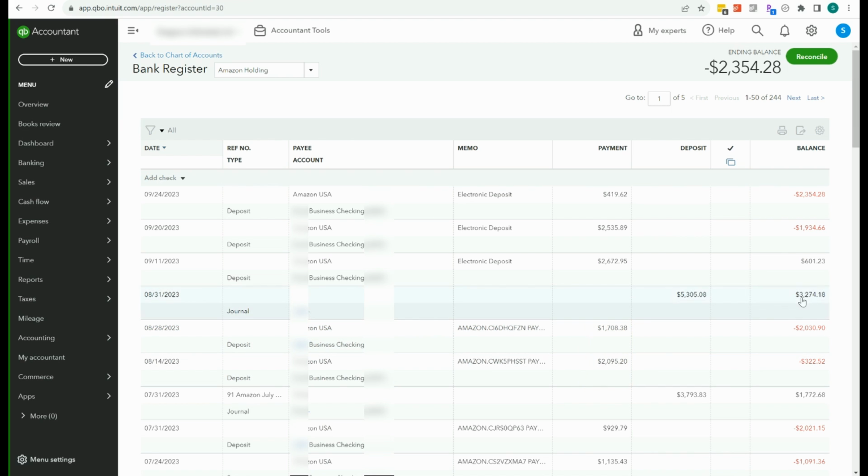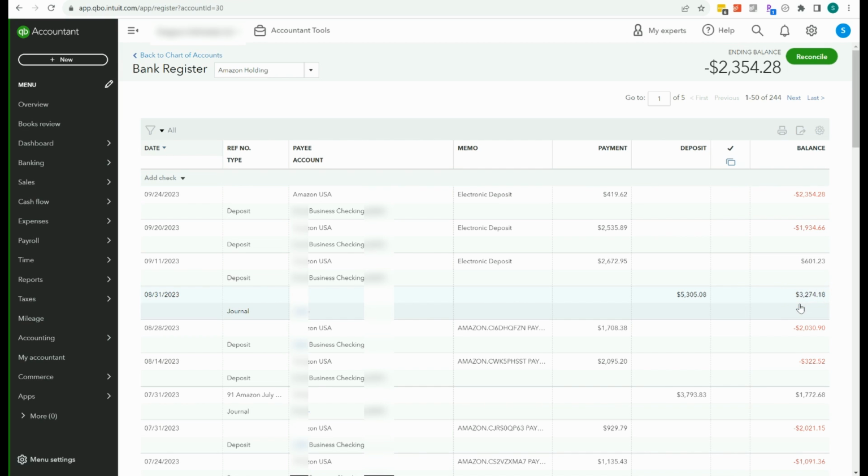At the end of August, our balance, as of 8/31, is this amount right here. So that's like the ending balance. So we go in this Amazon Holding, we start with the beginning balance. This is the amount that we have earned throughout the month. And then this is what Amazon actually deposited, and we get an ending balance.